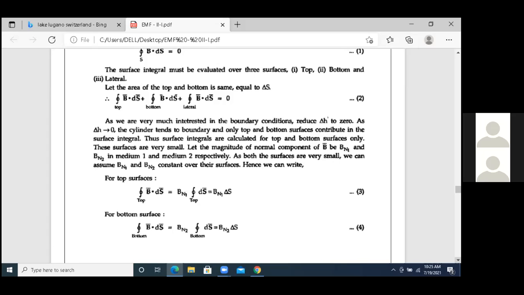Now, let the magnitudes of the normal components be B normal 1 and B normal 2 in medium 1 and 2 respectively. As both surfaces are very small, we can assume B normal 1 and B normal 2 are constant over their surfaces. Hence, we can write for the top, the integral of B dot dS is B normal 1 delta S, and the similar thing for the bottom.